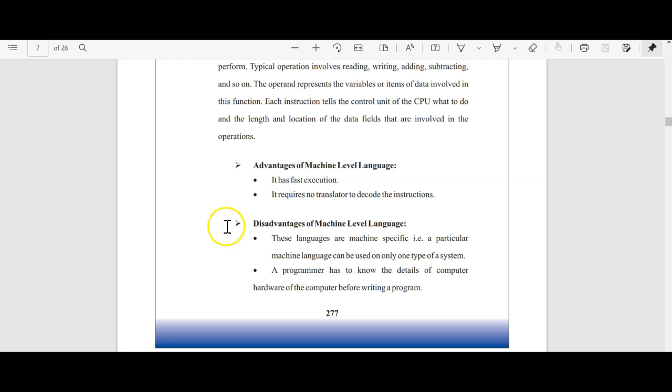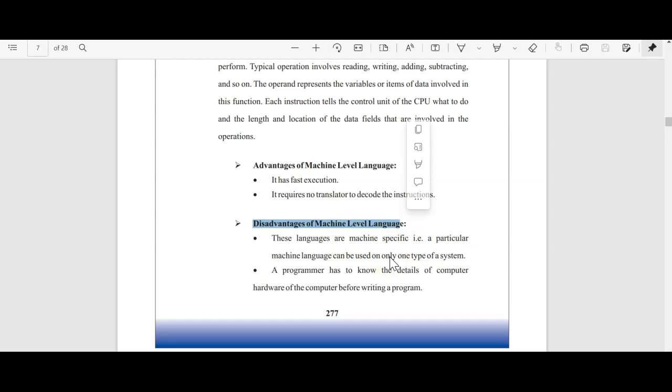But what is the disadvantage of this language? Definitely it is easy for the computer, but at the same time it is very difficult for humans to understand, to remember, and to code. These languages are machine specific, and not common across all computers.